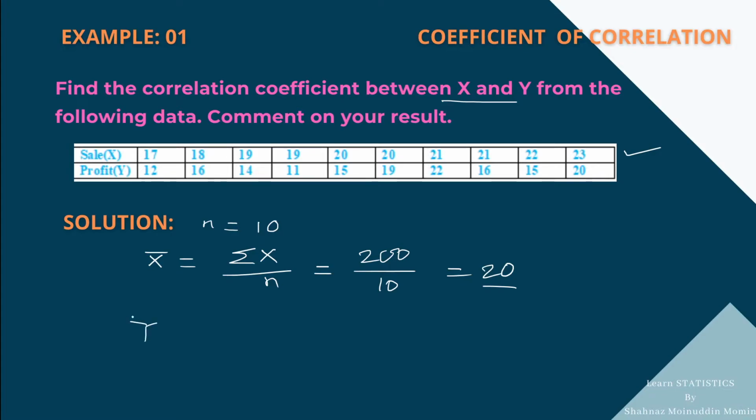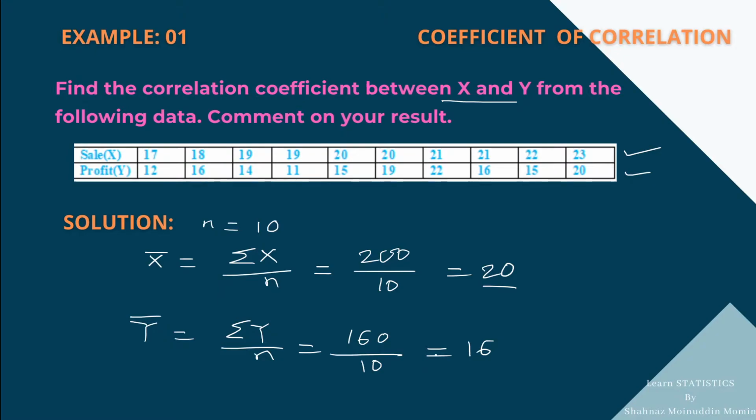Now we will calculate y bar, the mean of y, profit. y bar is equal to summation y upon n, which after adding the profit gives a total of 160 upon 10, equal to 16.